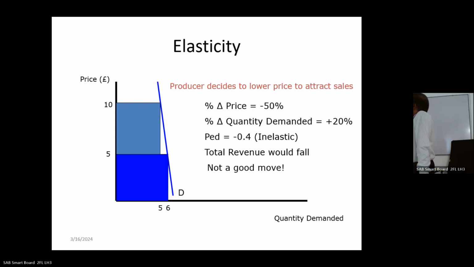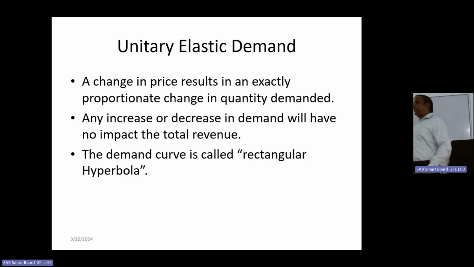Okay, those are the two cases. Basically, we look at the elasticity, whether it is elastic or inelastic, and based on that we can decide the prices. This is very important in pricing decisions. Then there is unitary elasticity, where the curve we get is a rectangular hyperbola.